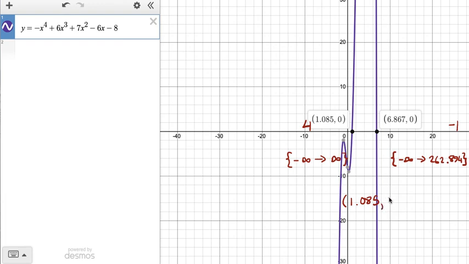We want our 0 in there as well. And 6.867 is our other one.